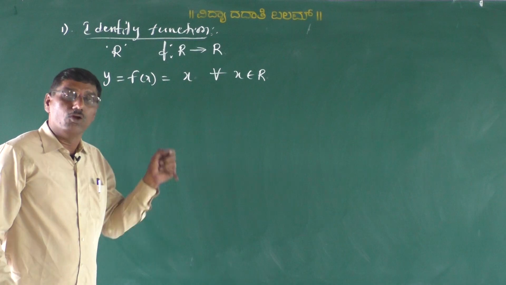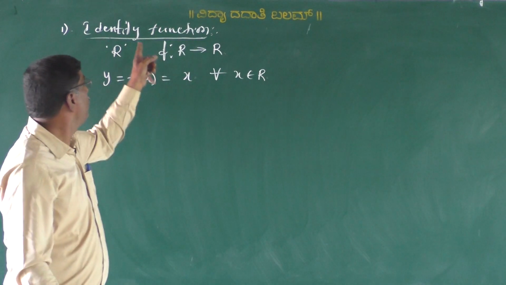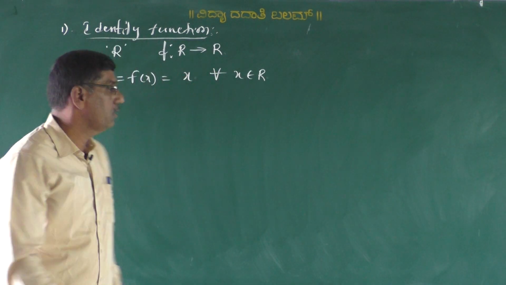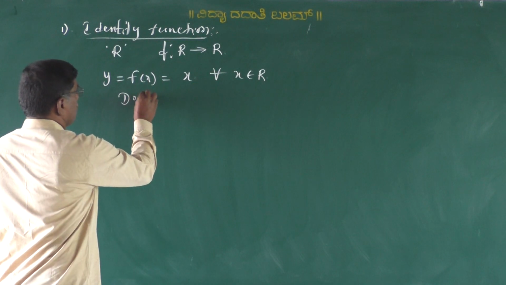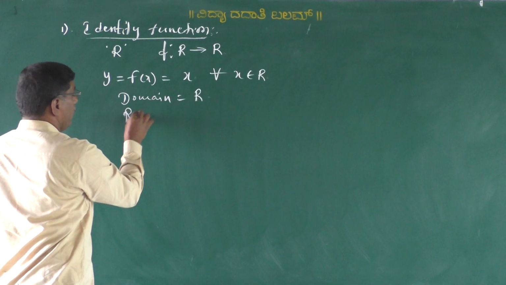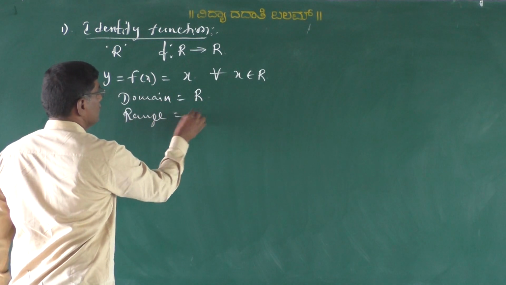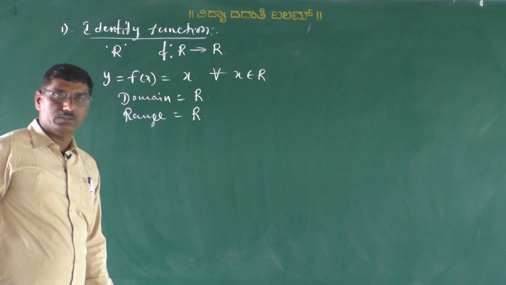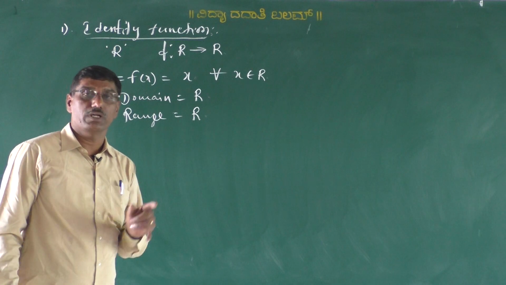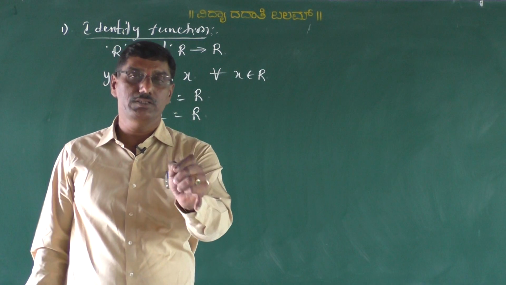Hence, here domain and range of an identity function is set of all reals. Therefore, domain is equal to set of all reals. Range is also set of all reals. That is the domain and range of identity function, in both cases set of all reals.